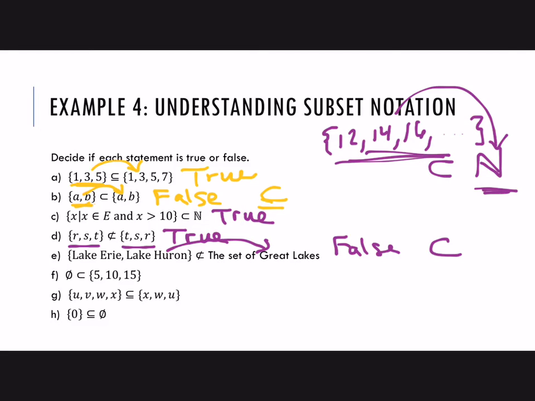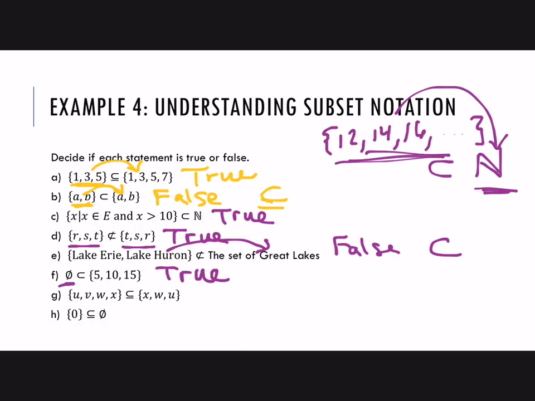All right, and F, is the empty set a proper subset of the set containing 5, 10, and 15? All right, this one is also true. Okay, the empty set does not equal the set on the right, but we can use that second definition of a subset, right?